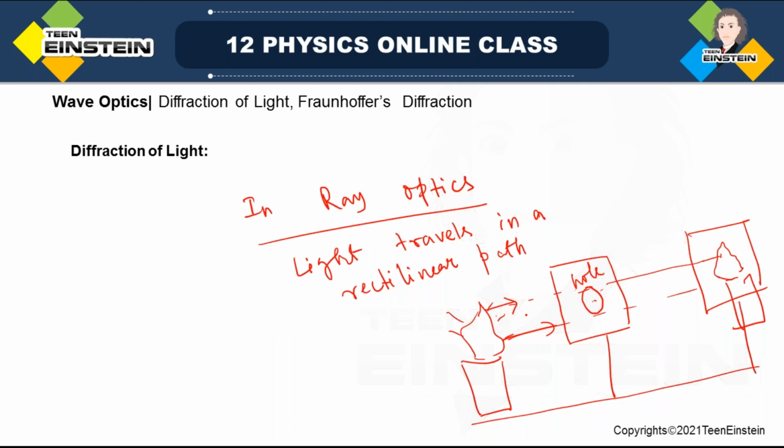So why is it so? It was because in ray optics we have learned that light can propagate only in a straight line path.